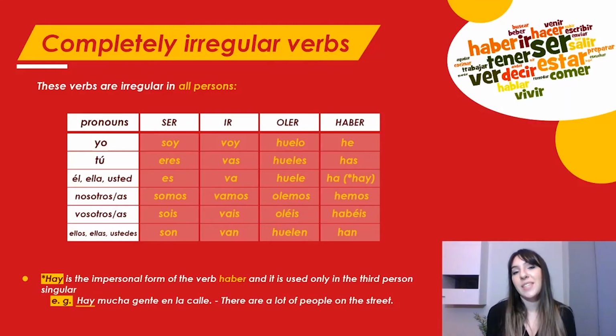And the final thing we will talk about are completely irregular verbs. These verbs are the most difficult ones because they are irregular in all persons. They don't follow any rules, you just have to learn them. Let's start with ser. Soy, eres, es, somos, sois, son.